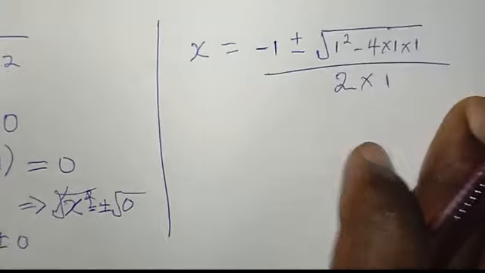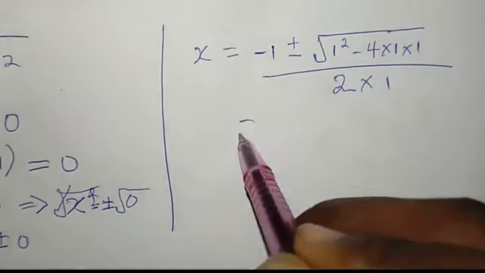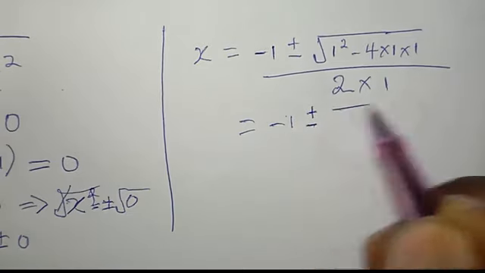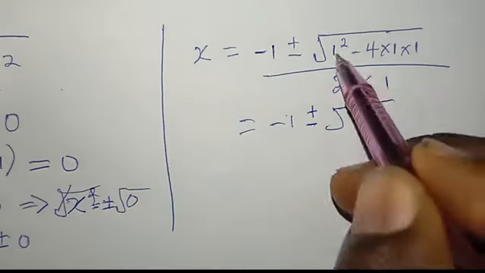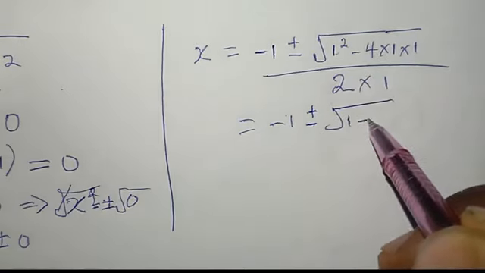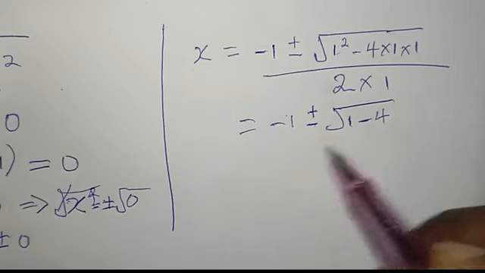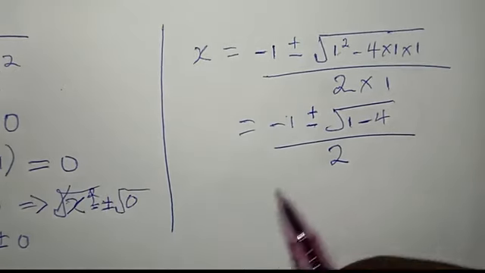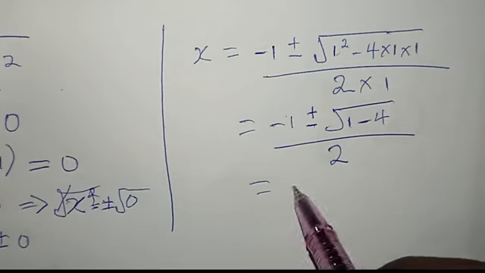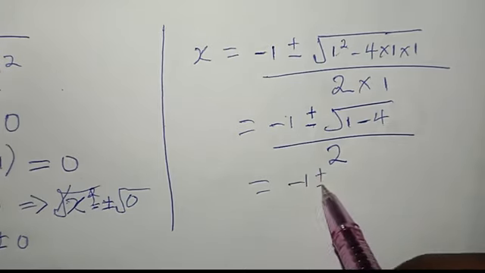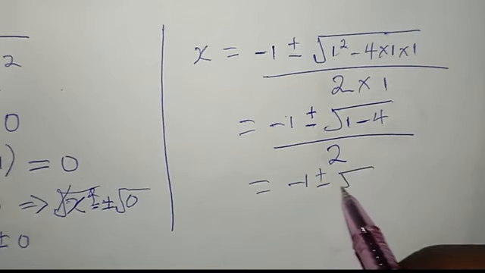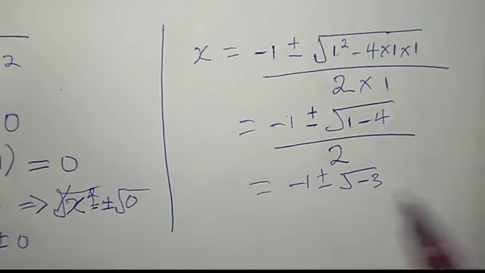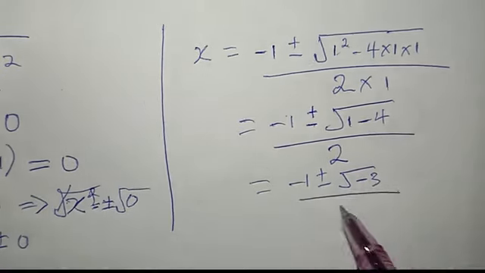Okay, and of course this is going to be giving us -1 plus or minus the square root of 1 power 2 is 1 minus 4 times 1 times 1 will give us 4, all divided by 2 times 1 is 2. Okay, and of course this is equal to -1 plus or minus the square root of -3. Okay, so of course we can divide it by 2.